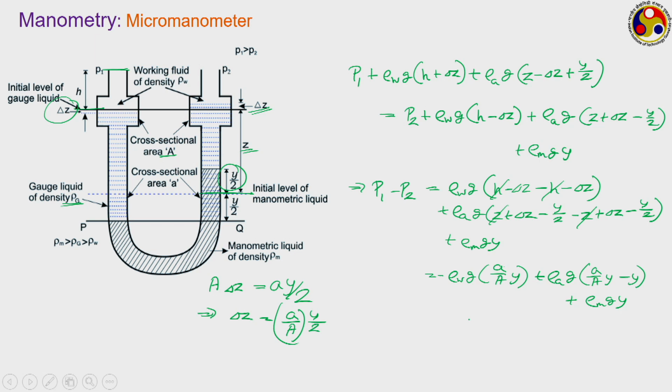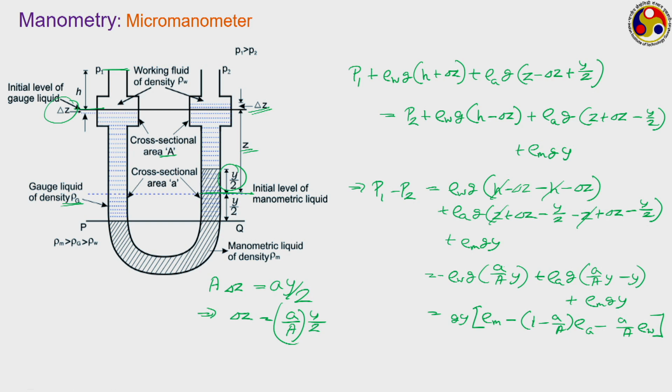And if we now take this g into y as common, which is generally done, what we have? We have rho m on one side plus how much coming from rho g. So small a by capital A being small, we can write this as 1 minus small a by capital A into rho g, plus, or it is also negative, small a by capital A into rho w.